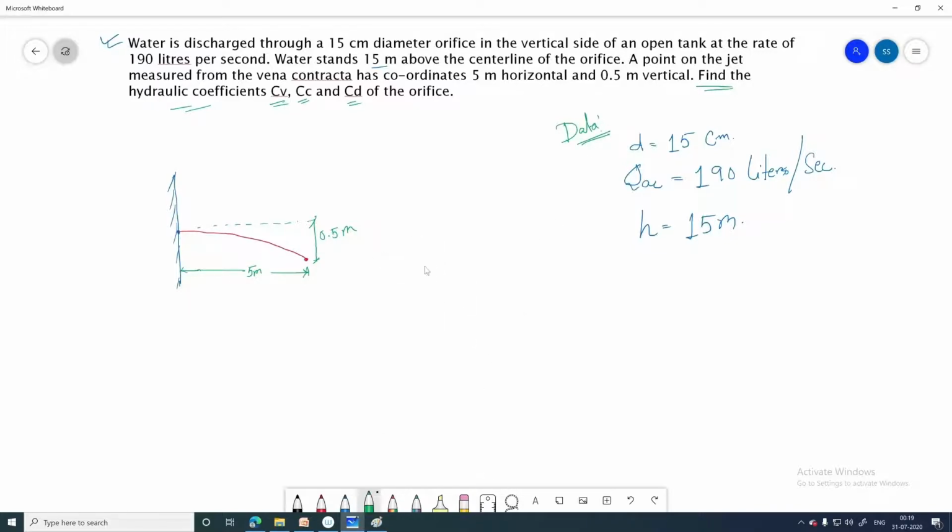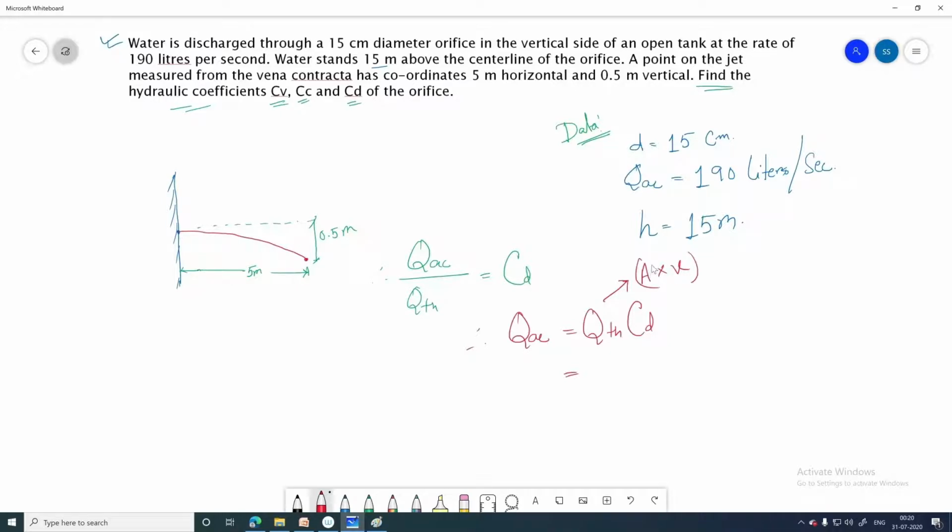We know that Q actual by Q theoretical is equal to CD. From this relation we can write that Q actual is equal to Q theoretical into CD. Likewise, as we did in the previous problem, in place of Q theoretical it is nothing but area into the theoretical velocity.